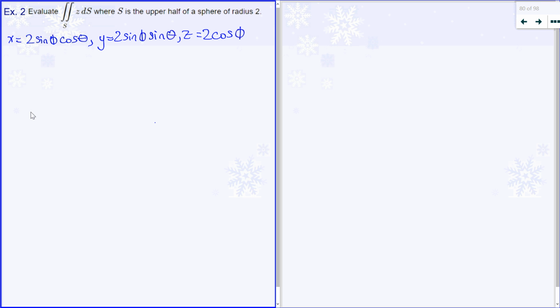Any ideas where and how we'll limit our theta and our phi to get the upper half of a sphere? Theta 0 to 2 pi and phi 0 to pi over 2.